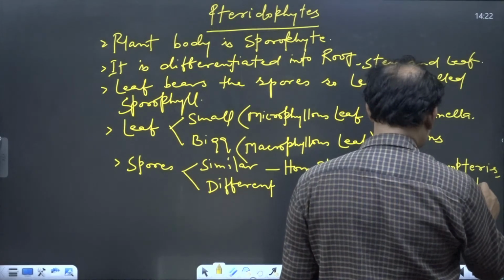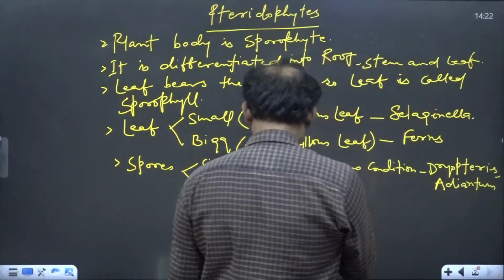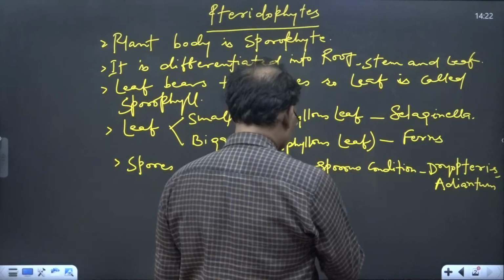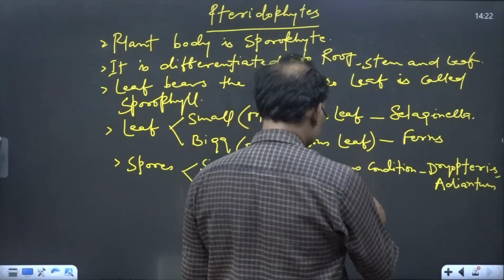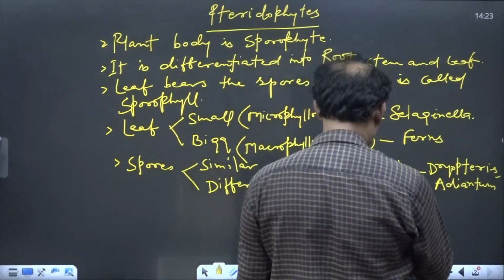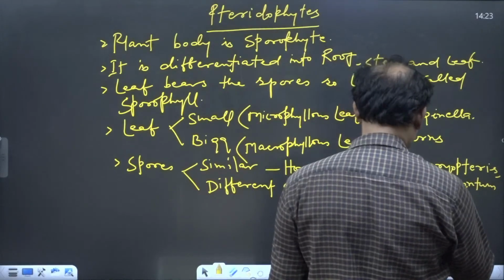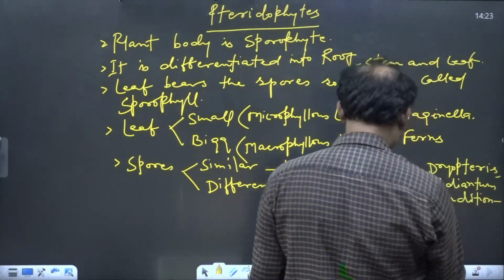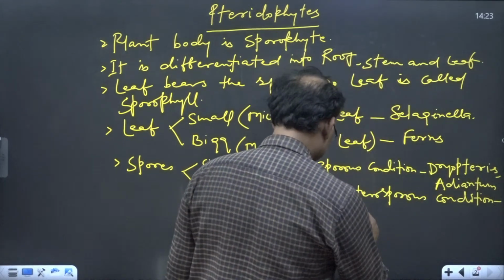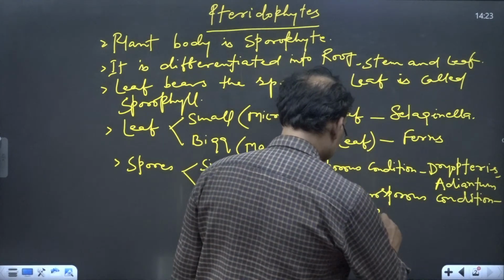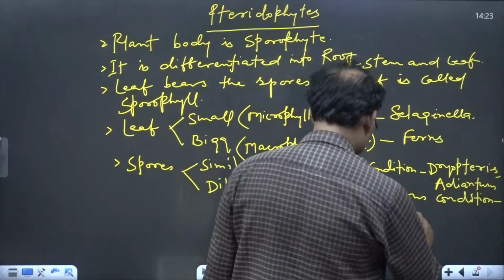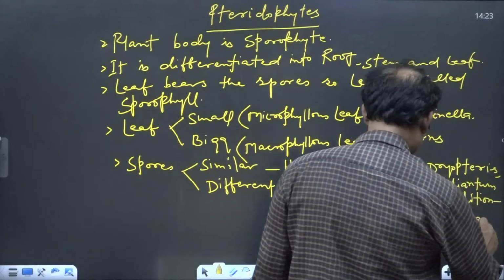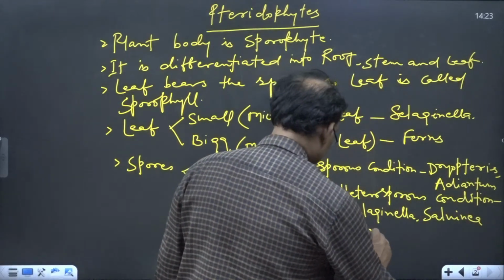Different spores is heterosporous condition. This heterosporous condition is found in Selaginella, Salvinia and Marsilea.